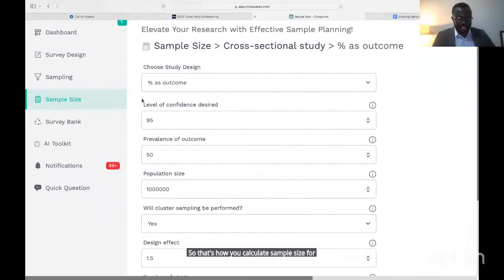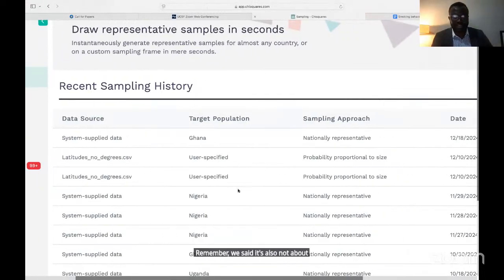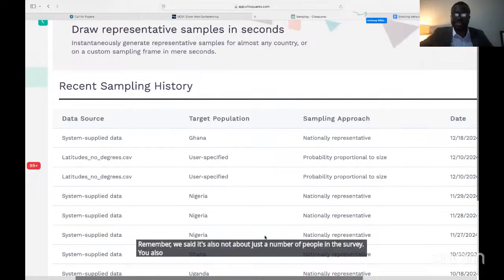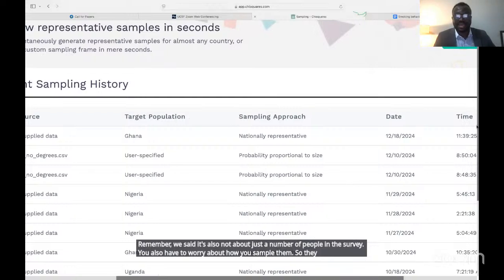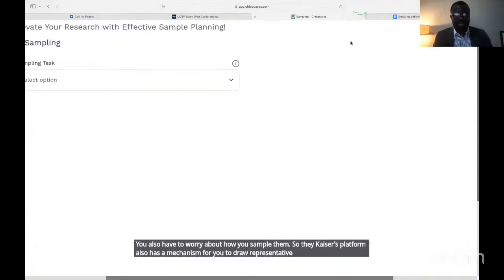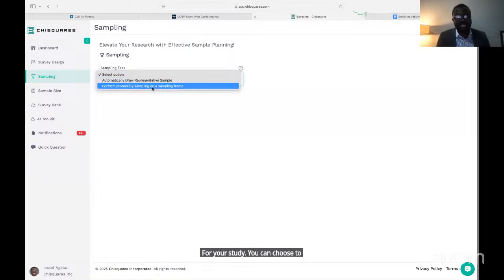Now, remember we said it's also not about just the number of people in the survey. You also have to worry about how you sample them. So the Chisquares platform also has a mechanism for you to draw representative samples for your study. So here, you can choose to upload a sampling frame.